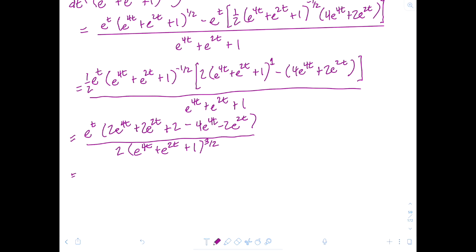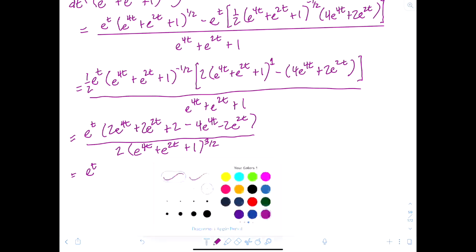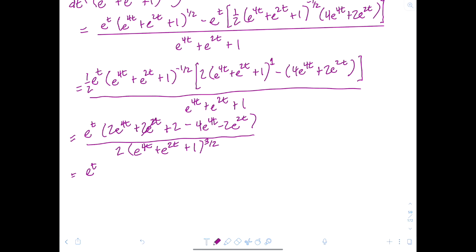So we will have e to the t, and let's see, this time the 2e to the 2t zero out, right?